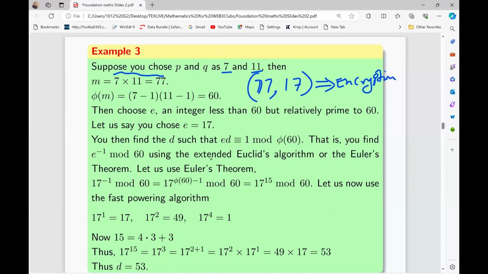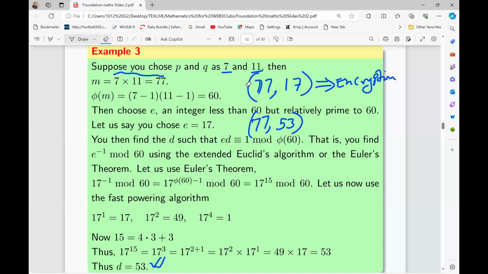And then we found D. We make D private. Nobody should know it. That will be our decryption key. So our decryption key is this one. This encryption key, we make it public. Anybody who wants to send us a message, let him use it. And we don't tell anybody what the private one is, the decryption key. That one remains ours.